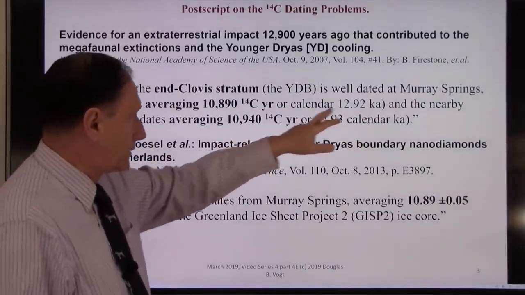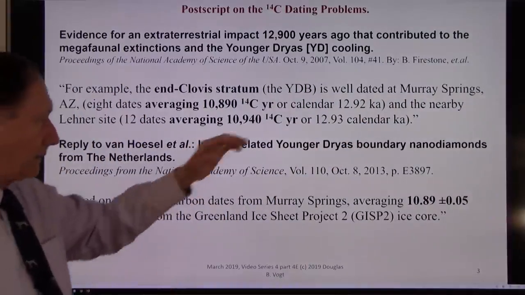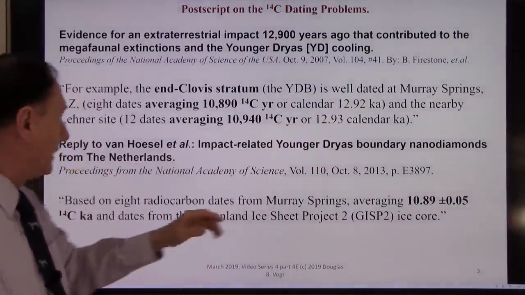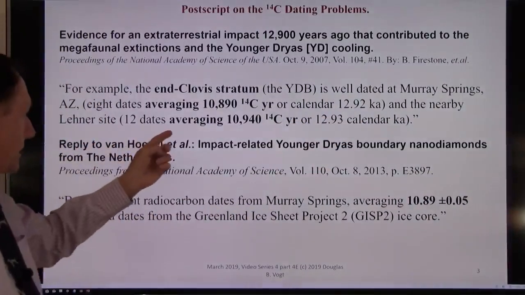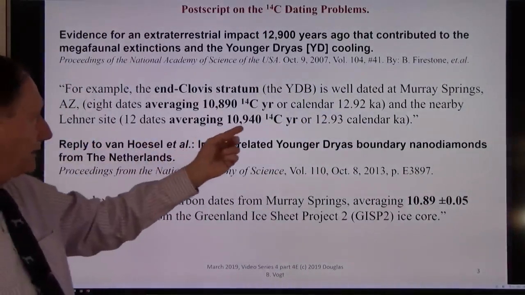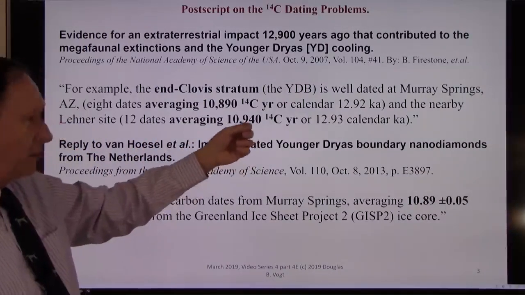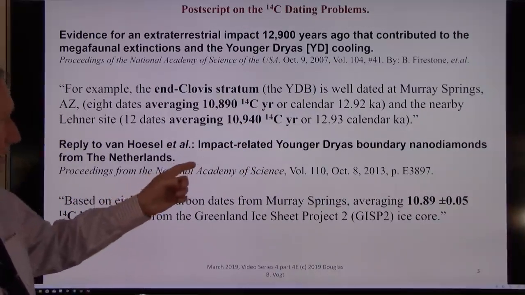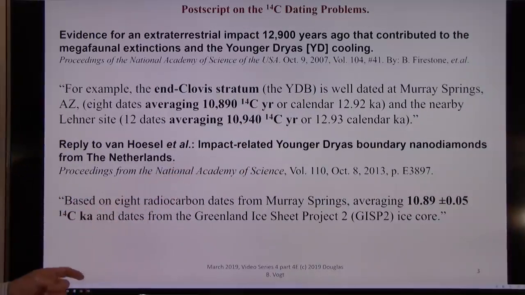Ignore this nonsense, because I showed how they massage this date, which is just beyond stupid. Twelve dates, carbon-14 dates averaging 10,940, again about 1,000 years off. Another article, reply to Van Hoesel, impact-related Younger Dryas boundary nanodiamonds in the Netherlands.